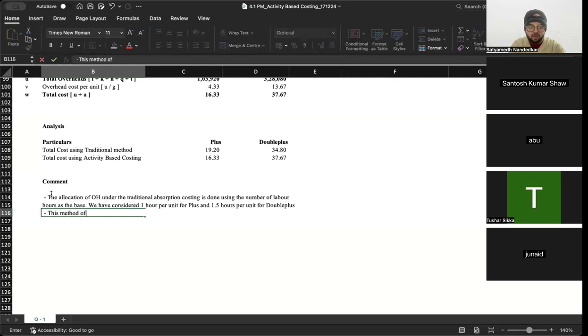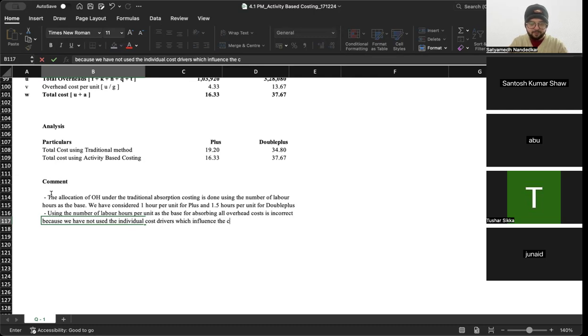Using the number of labor hours per unit as the base for absorbing all overhead costs is incorrect, because we have not used the individual cost drivers which influence the ascertainment of cost.